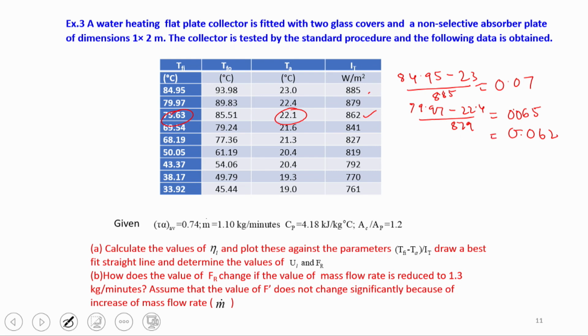Then 69.54 minus 21.6, how much is it? 0.057.